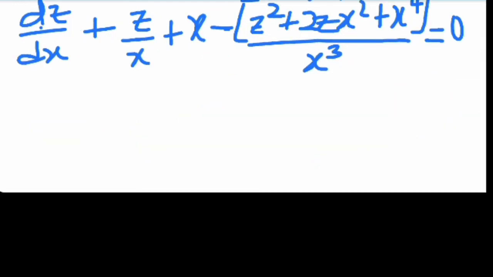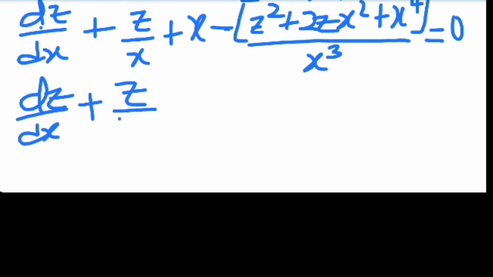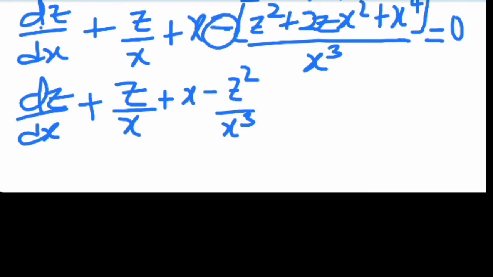Now that we are here, we are close to getting to a Bernoulli equation. So we have dz by dx plus z over x plus x minus z squared over x cubed. You see that this minus is outside everything, so I'm still going to be writing a minus 2z.